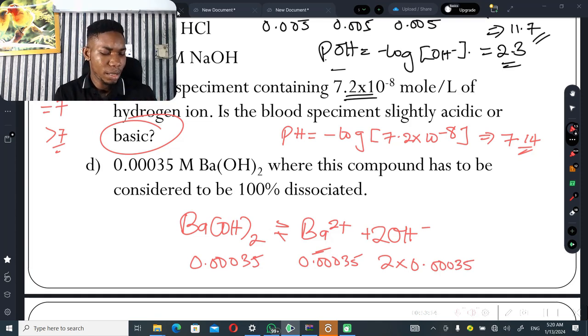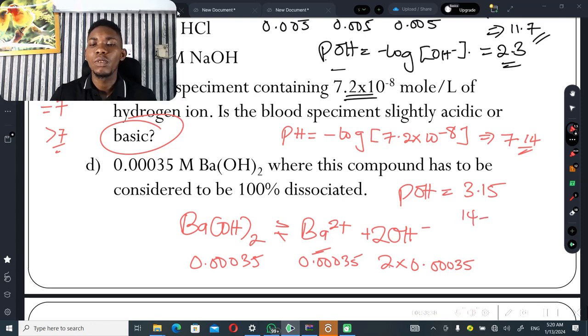So you are now going to press negative log of 0.00035 times 2, 3.15. So your pOH here, you know what I just did now? I got this multiplied by this will give us our OH. To get the pOH, negative log of this, which will now give us 3.15.